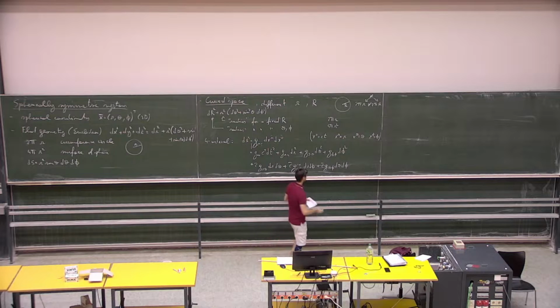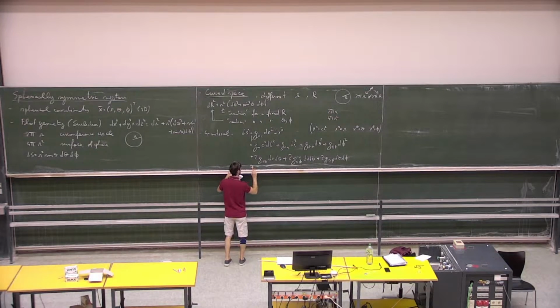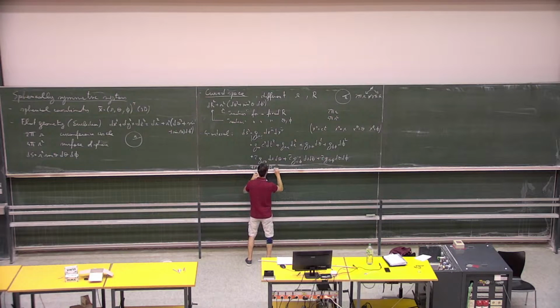And then we have the parts with the time. So you see these are all the three-dimensional components. And then we have the mixture of time and space. So we just continue with 2g0 theta c dt d theta plus 2g0 phi c dt d phi.